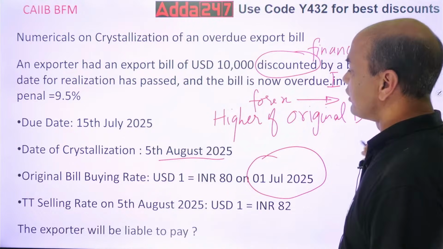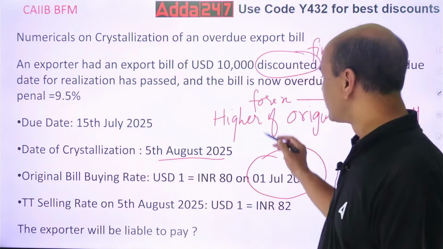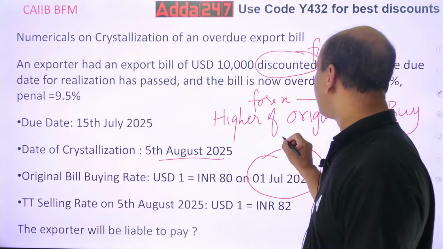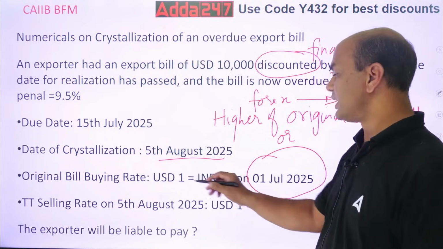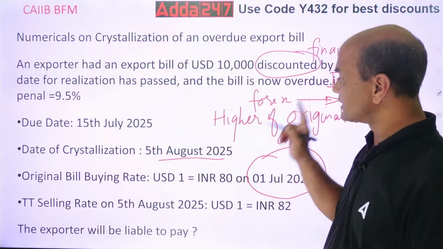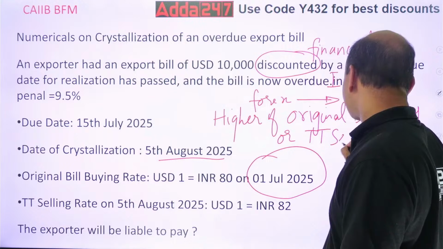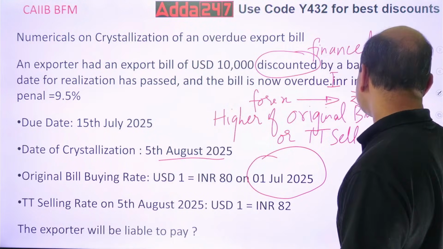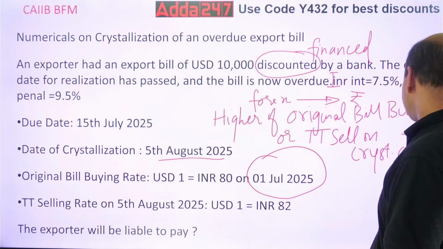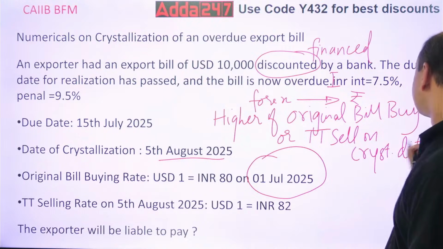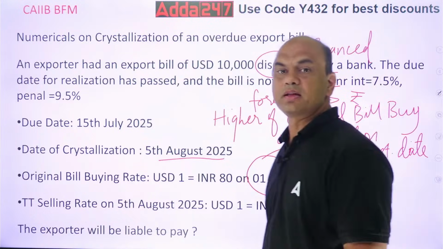Original bill buy, on which date? 1st July, when it was purchased. Or, second, the TT selling rate on the crystallization date. So you have to take the higher of these two.